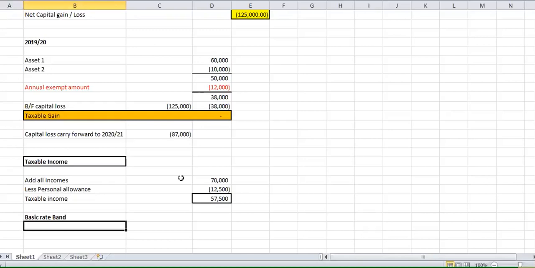As the name explains by itself, this is a band, a level of tax in which the rate of tax is comparatively lower. And this level has a fixed amount of £37,500.